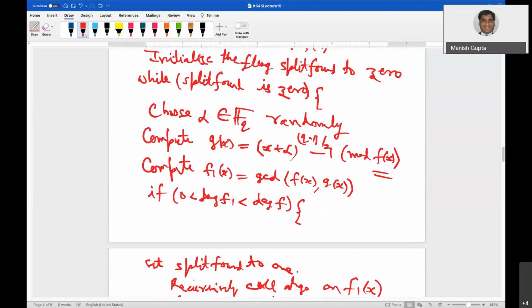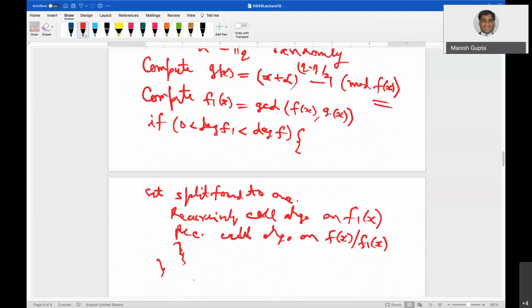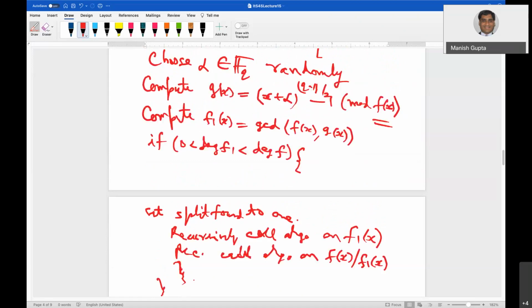Then we compute f1 of x, the first factor we try to compute, which is gcd of f of x and g of x. If the degree of f1 is positive and less than the degree of f, that means one factor is found, right? And recursively call this algorithm on f1 of x, and also recursively call this algorithm on f of x divided by f1 of x, which is the cofactor of f1 of x, maybe some f2 of x or something like that, right? And then we keep on running this loop until we find all the factors.